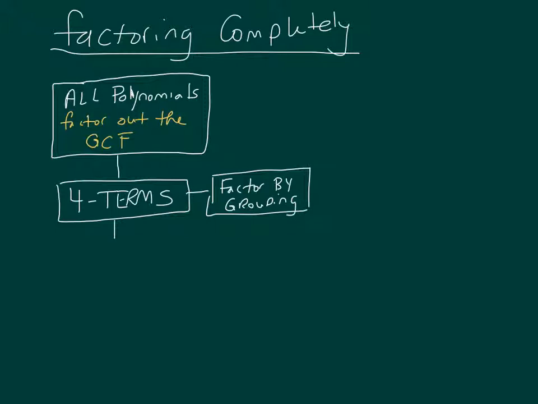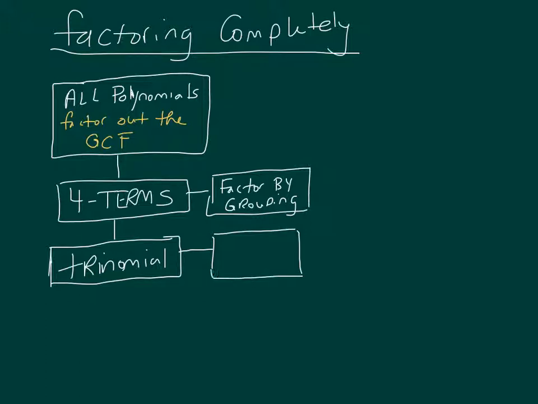If I don't have 4 terms, I'm going to ask myself, do I have a trinomial? If I do have a trinomial, I'm going to ask myself, is it of the form x squared plus ax plus b, where there's no number in front of x squared? If that's true, then I'm going to write x and x in parentheses, and I'm going to fill in the blanks.